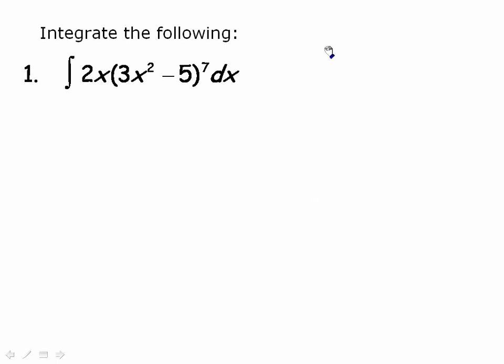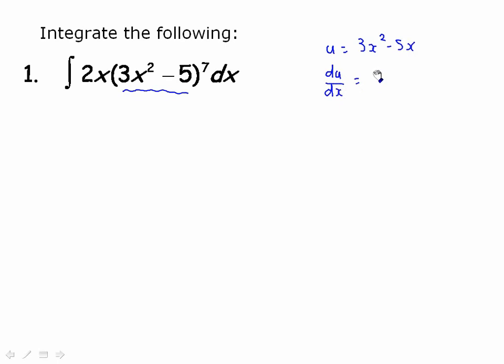So what we do, off to the side, we make a substitution for the 3x squared minus 5. So u is equal to 3x squared minus 5. And then when we differentiate that, we go du/dx. So even though ultimately we're trying to integrate, we have to do differentiation to get it set up.